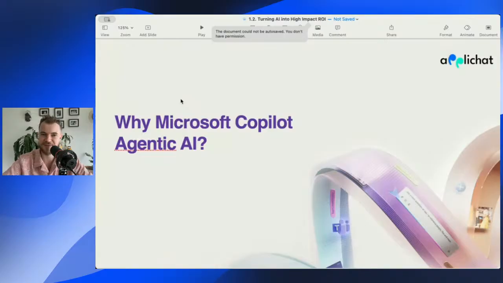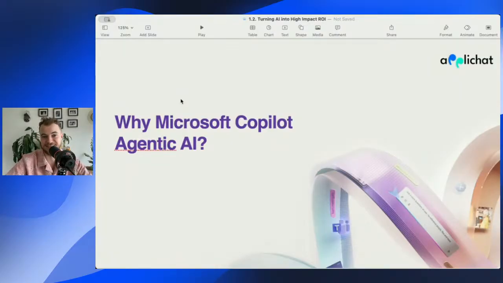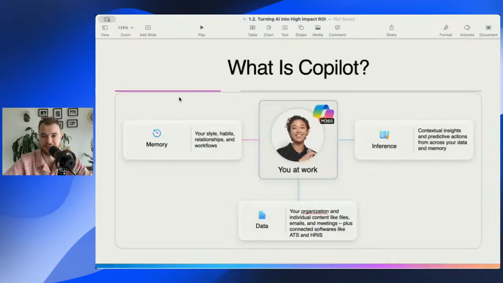So first of all, you're probably wondering, why am I focusing on this topic? Why are we looking at Microsoft Copilot and why are we looking at Agentic AI for this? Well, I want you to understand something about Microsoft Copilot, and that is that it's not what you think it is.